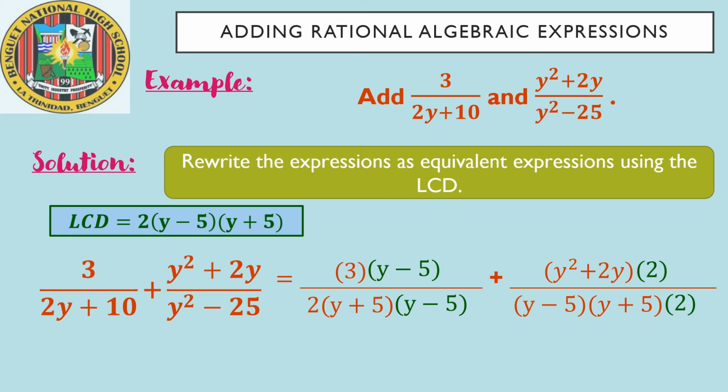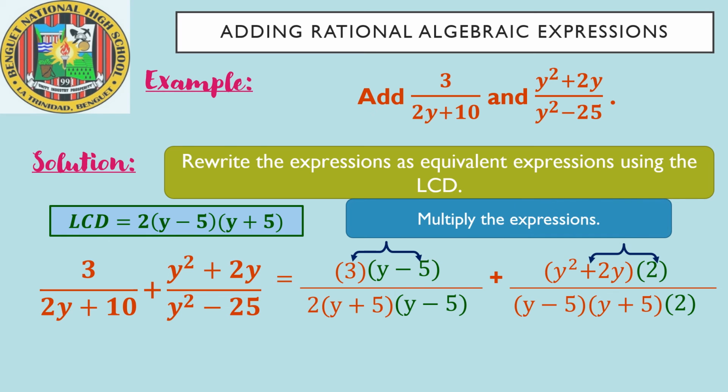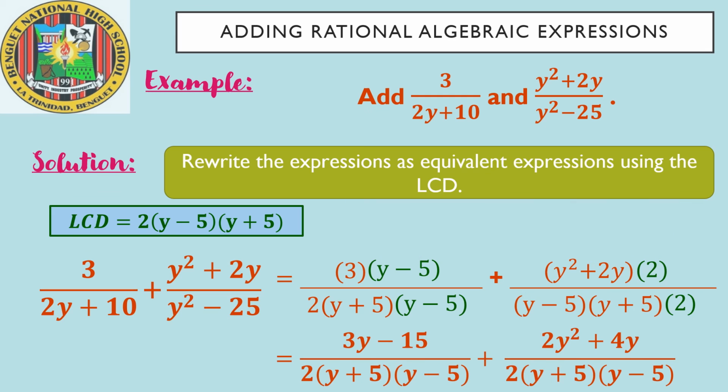After multiplying the expressions in the numerators, we have the following similar RAEs. Again, it's best to leave the denominators in their factored form to make it easier for us to simplify later.